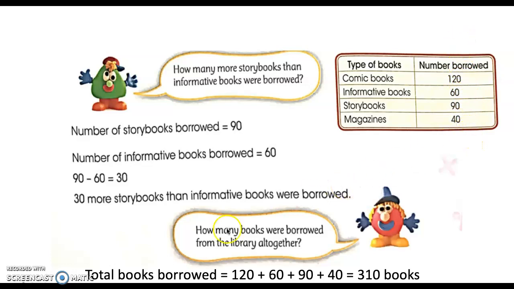Okay. Now for this, total books borrowed equal 120 plus 60 plus 90 plus 40. All of them, when you add, it becomes 310 books. So the total number of books borrowed from the library was 310. That's all. I hope it's clear.